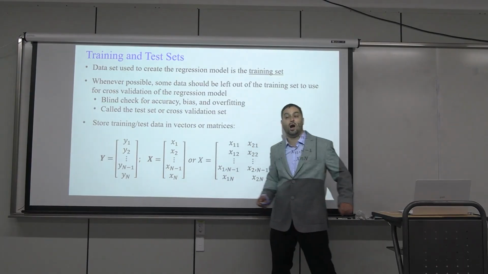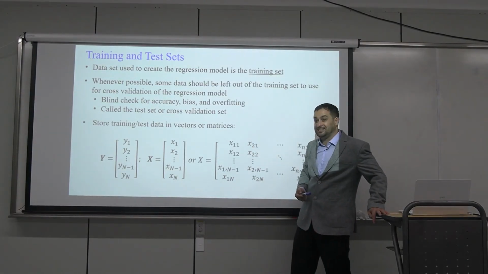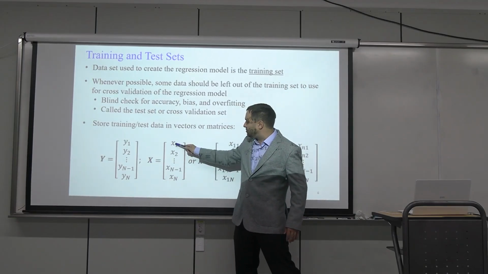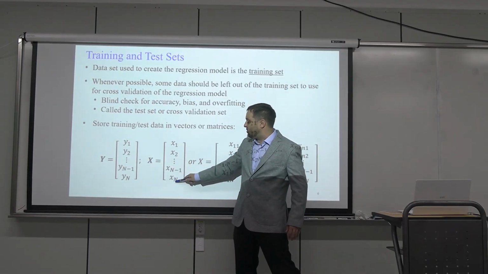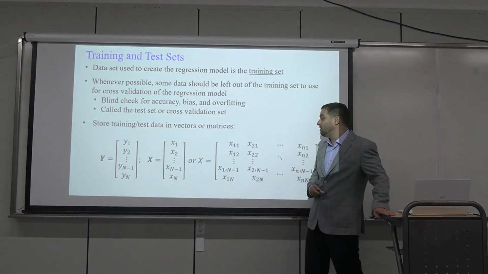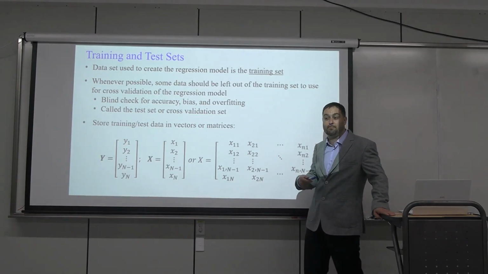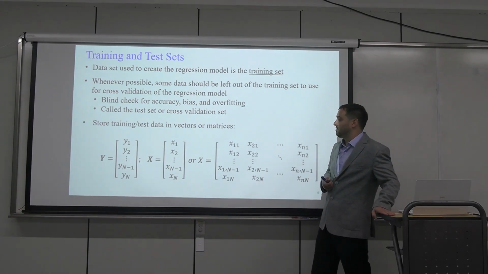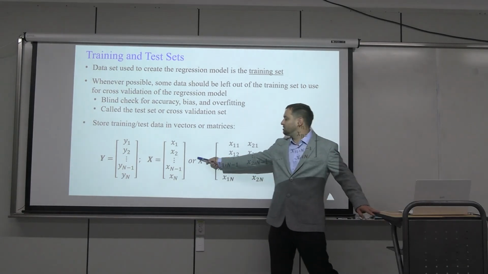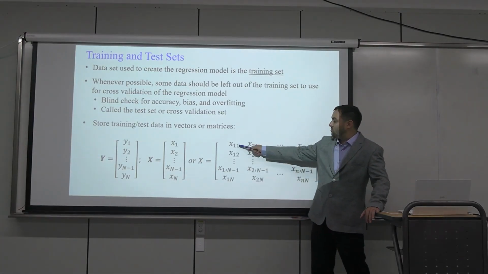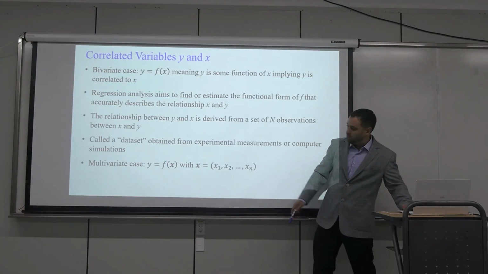If it's a bivariate case, we can have the vector x, which is x1, x2, then to xn. So these are the input variable values that we sampled during our experiment or computer simulations. But for the multivariate case, x is going to be a matrix.